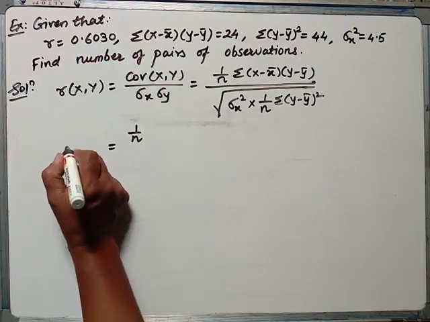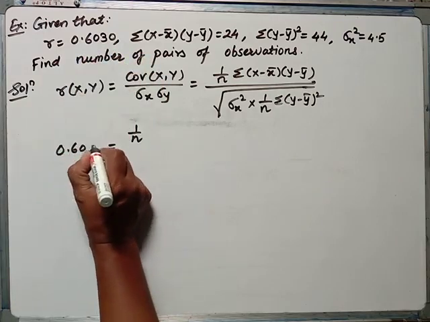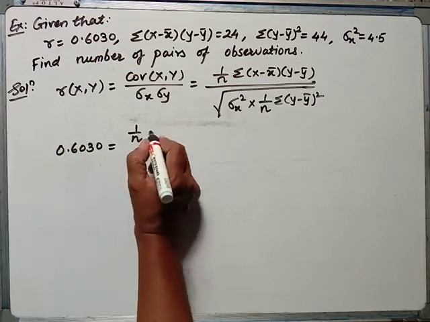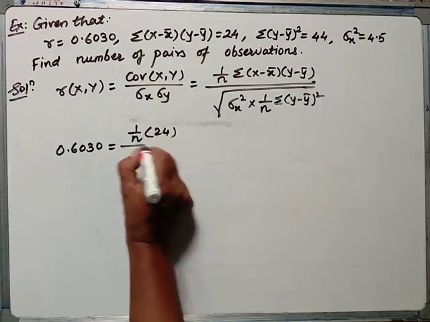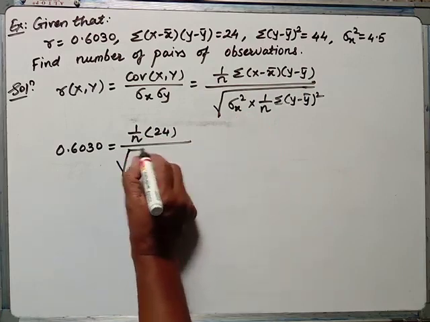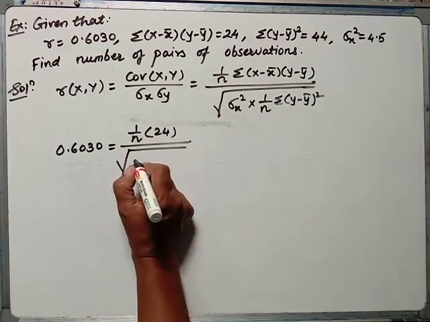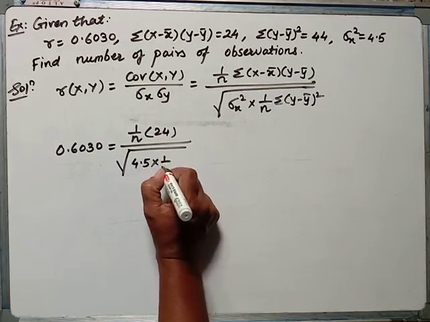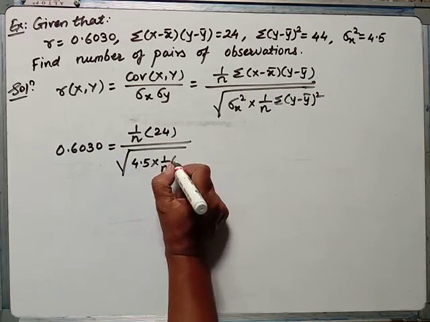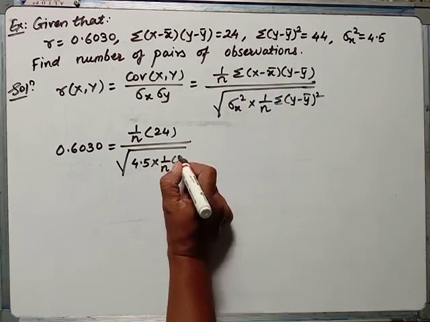What is R with us? 0.6030. Left hand side we should write first. Now 1 upon n, this sum is given, 24, upon sigma x square is 4.5 into 1 upon n, this is 44.